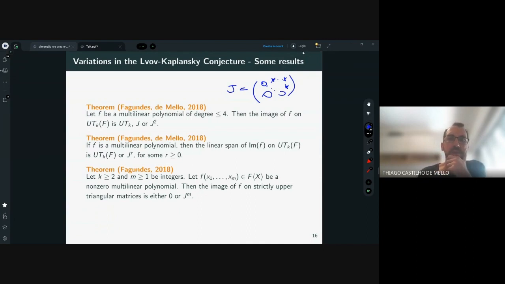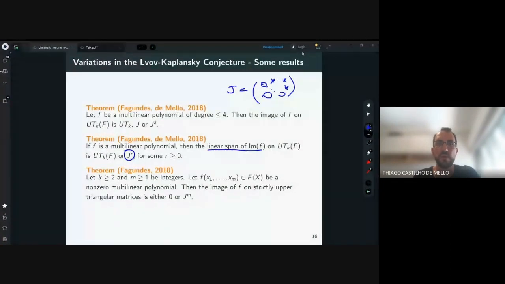Okay, in the same paper, we proved that the linear span of the image of an arbitrary multilinear polynomial is some power of the Jacobson radical. Yeah, so the result was for polynomials of degree up to 4 when we consider the image of the polynomial, but when we consider the linear span, we proved this.